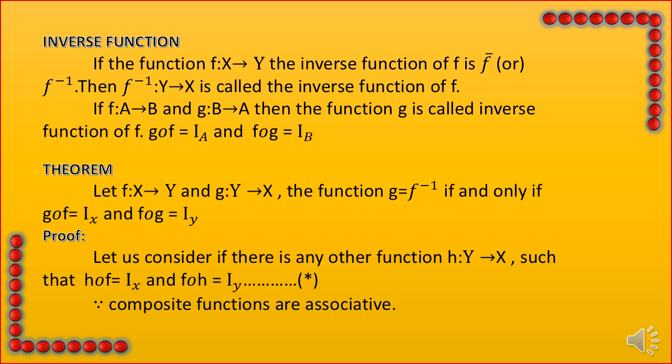Let us consider if there is any other function than g, that is h, a function from Y to X such that h composition f is equal to I_X and f composition h is equal to I_Y, which is equation star, since composition of functions is associative.